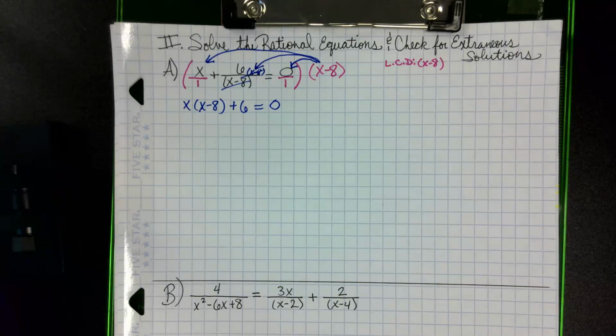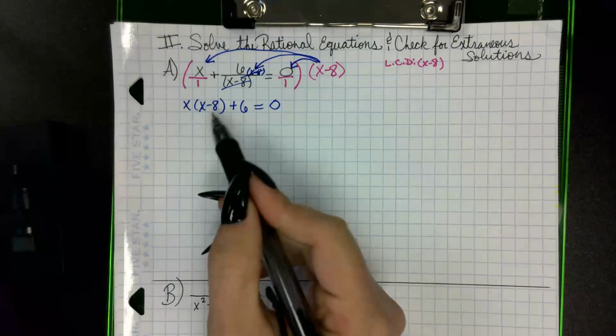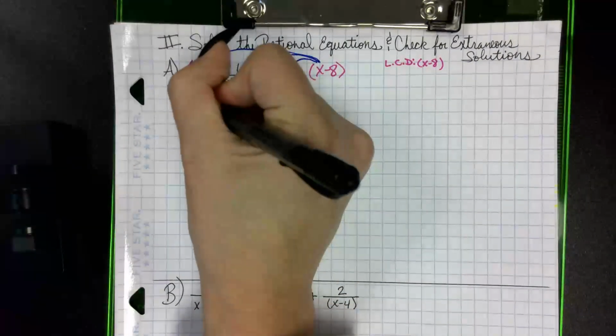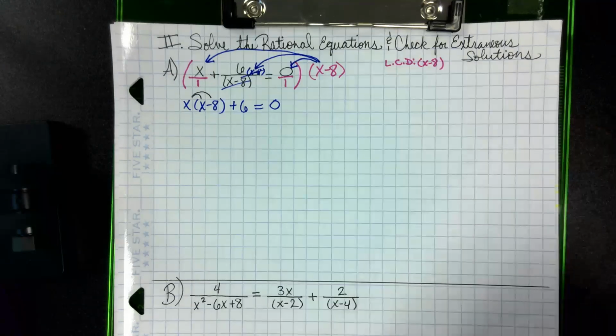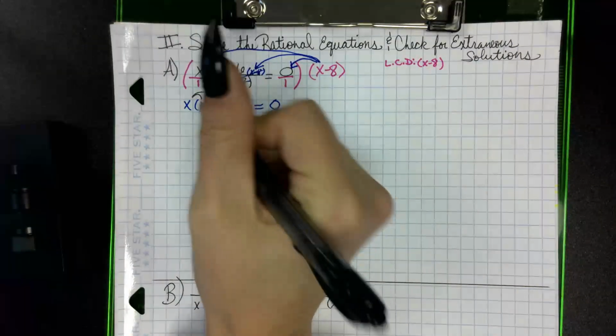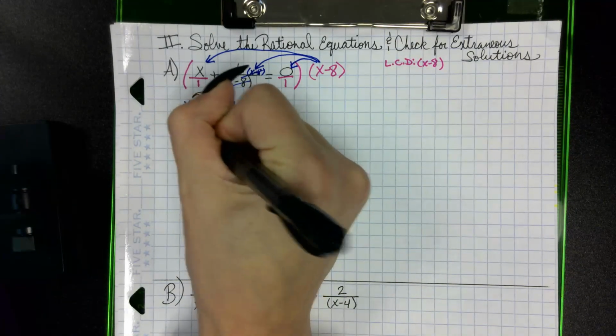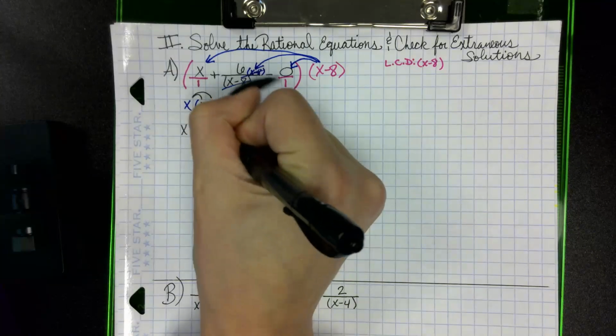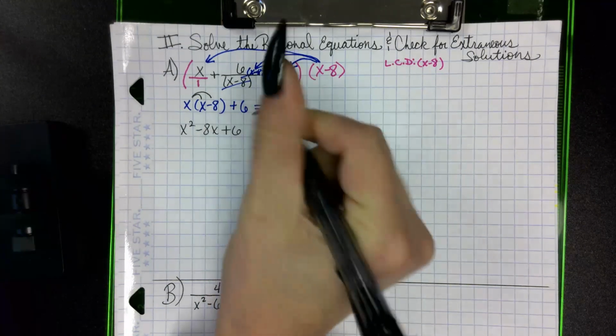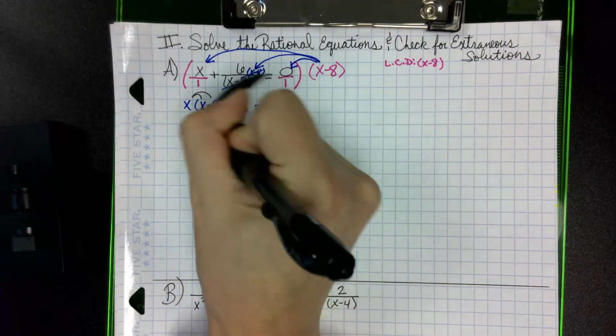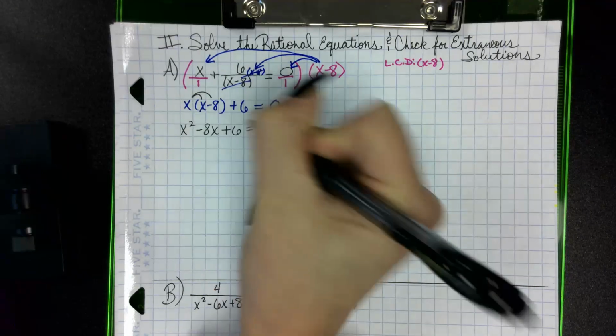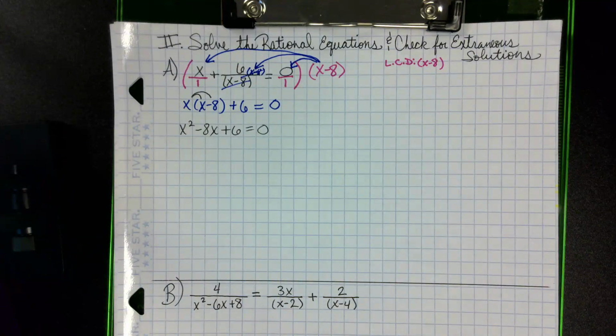I'm trying to solve this equation, so I need to get rid of the parentheses now. To do that, I'm going to distribute the x into the parentheses. And I get x squared minus 8x plus 6 is equal to 0. So I try to factor this. Normally when we have a quadratic, we're going to factor and solve.